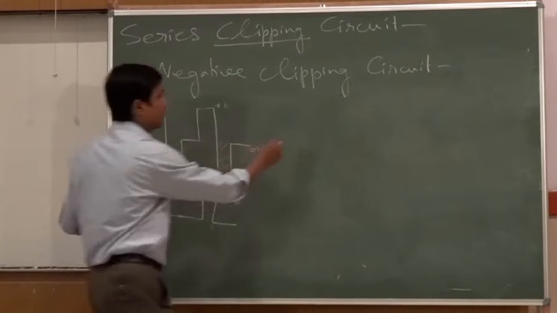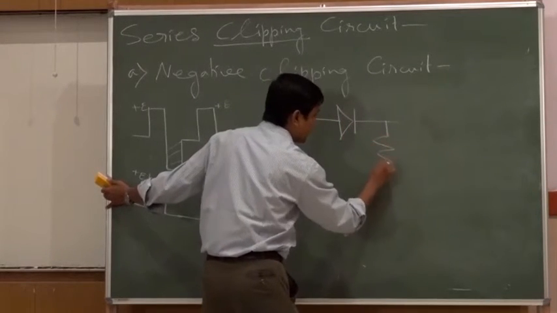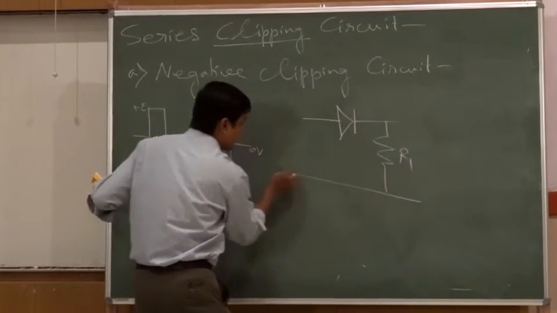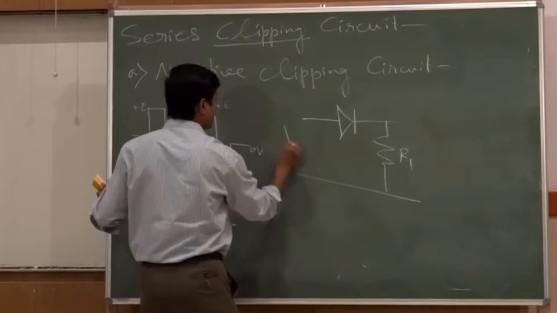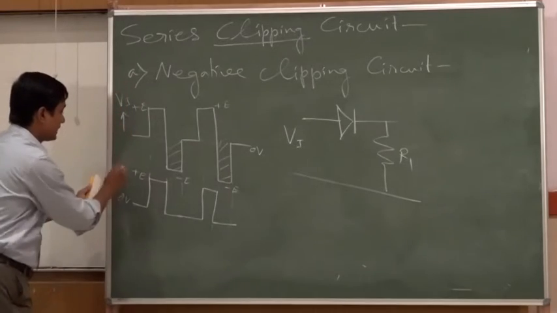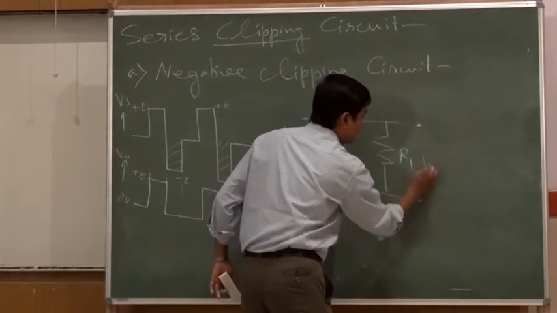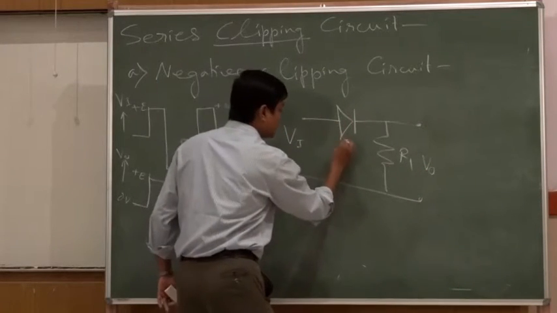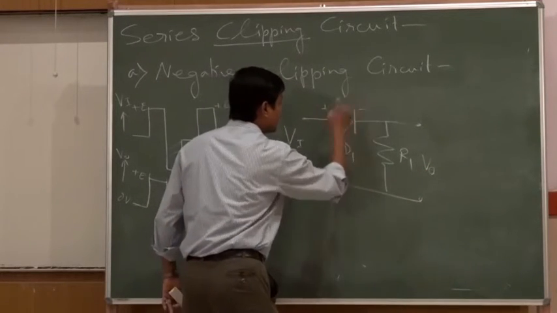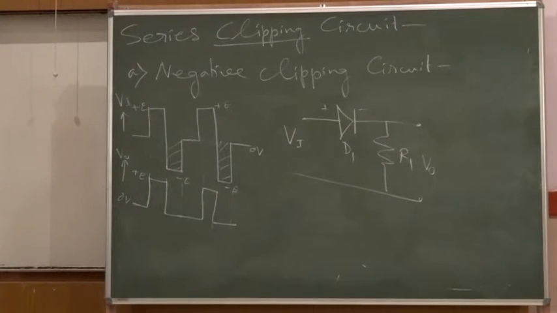I think something is coming to your mind, that we will have a diode like this and one resistance R1 connected this way. Here we will apply the voltage Vi, which I have mentioned, and some voltage I will get across the load, V0. So, this is diode D1, which has positive and negative conventions this way.